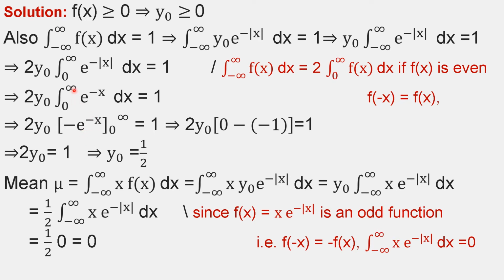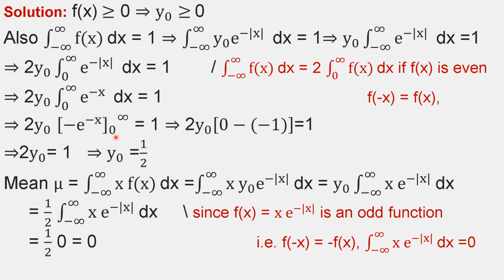Take the difference at the upper limit infinity, lower limit 0. Right side is 1. 2y naught into, putting x as infinity, as x approaches infinity, this approaches e power minus infinity, which is 0. So at the upper limit this will be 0.